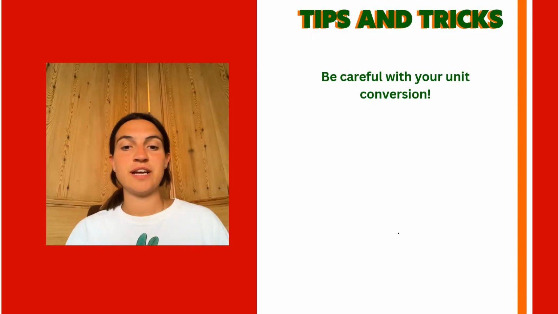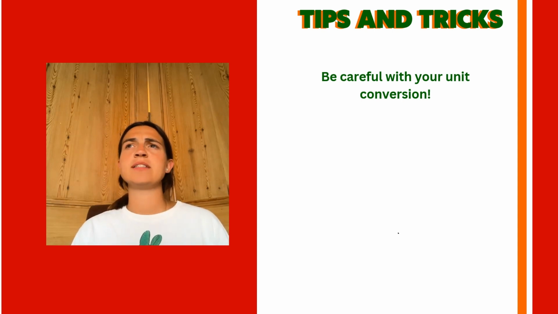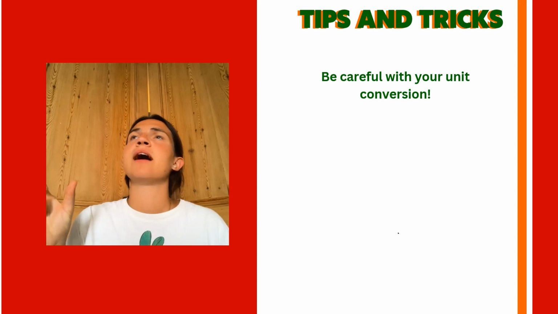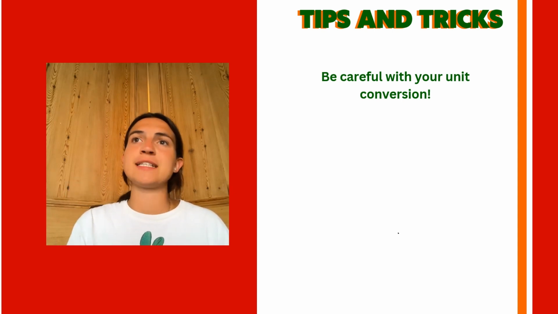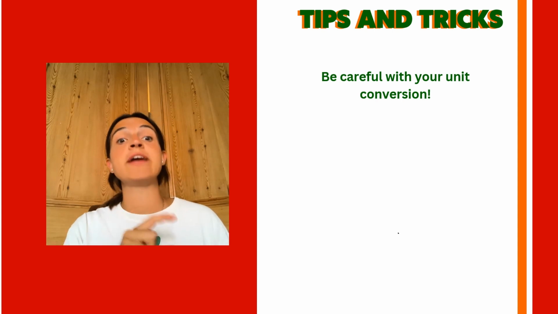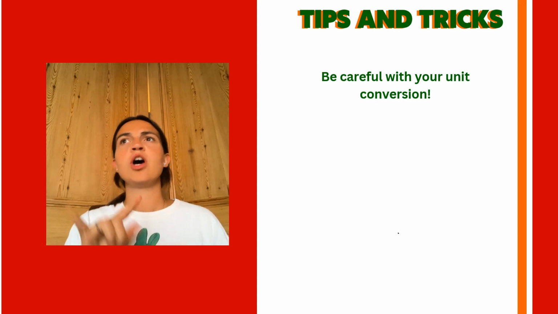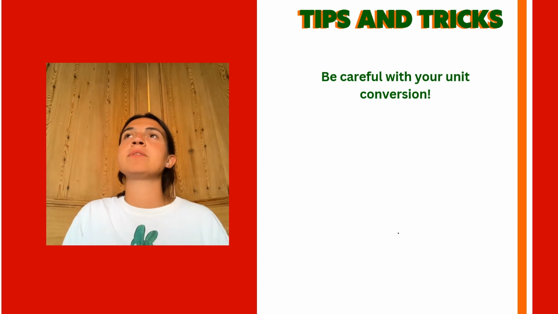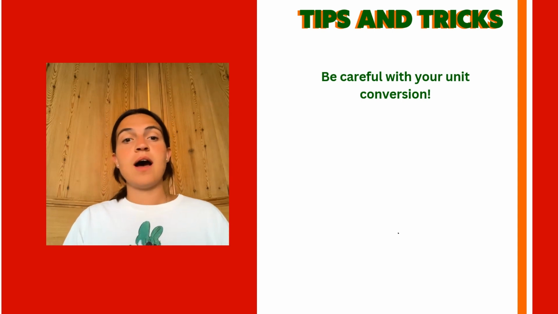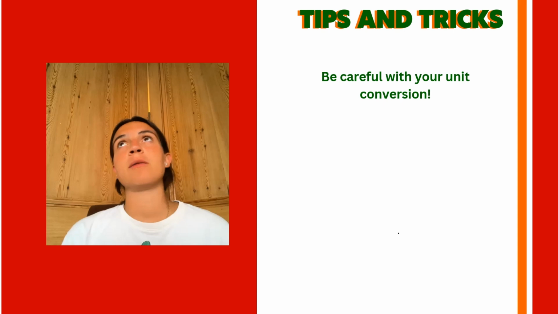The first tip and trick here is be careful with your unit conversion. So as I've mentioned in previous slides, if you've got a volume in centimeters cubed but a concentration in like grams per decimeter cubed, make sure that you change your volume into decimeters cubed first. Also be careful with grams and kilograms. You need your masses in grams if you're going to use relative formula mass to identify the number of moles.